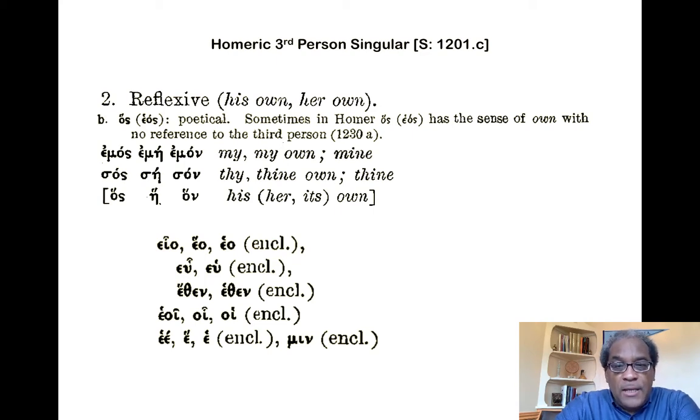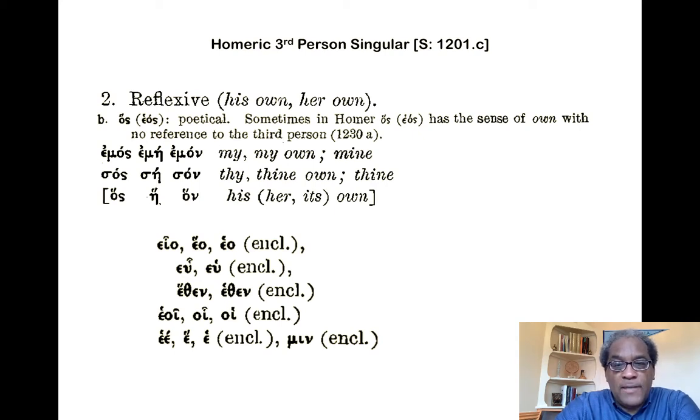So you see in these forms, heoio, heo, hou, heten, eten, you see that there are 7 different ways of forming the genitive, and these last on each row are enclitics, which we'll talk about very soon.